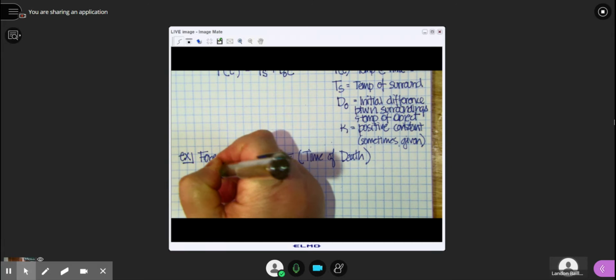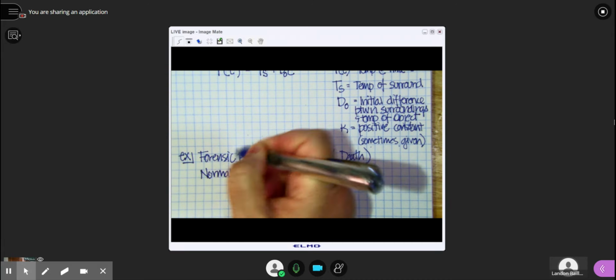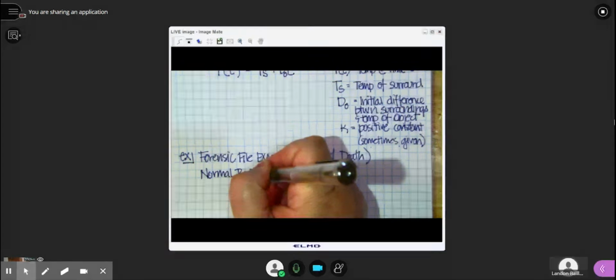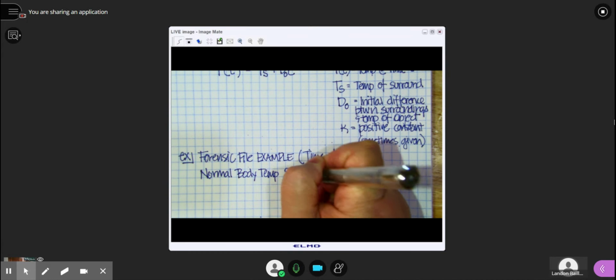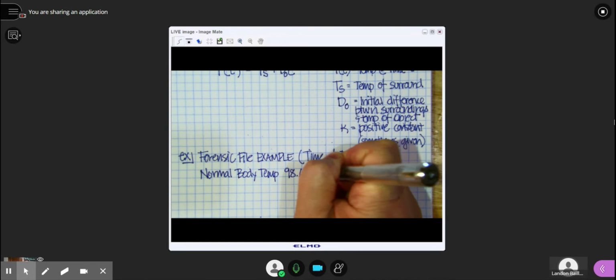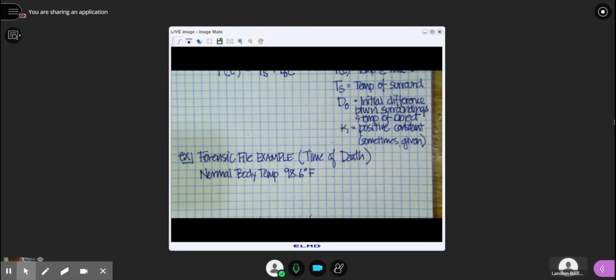Let's say that a normal body temp is 98.6 degrees Fahrenheit. This does vary some from person to person. I know mine is 97.7, 97.8. I know I'm a little low. But in general, it's agreed upon that the normal body temperature is 98.6 degrees Fahrenheit.